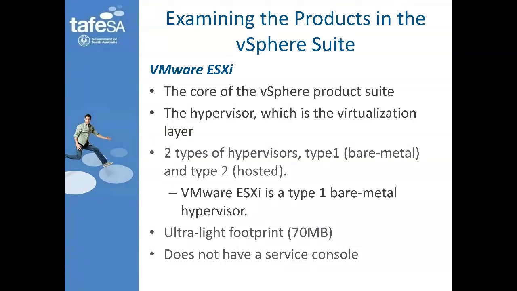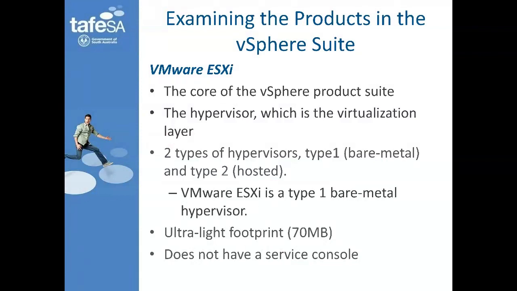But really, the people who actually do the thing that the customer wants is the lecturer in the classroom facing the customer, isn't it? So the ESXi is the one that does the actual work to have the virtualization, the virtual machines, and therefore the services. So it's the hypervisor, which is the virtualization layer.